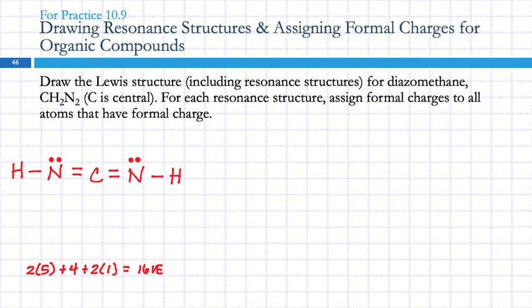Is there another way we could distribute those double bonds? What if we had a triple bond and a single bond, and then we moved this lone pair over here?